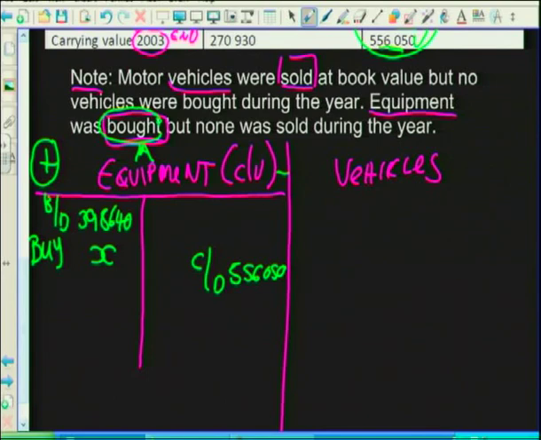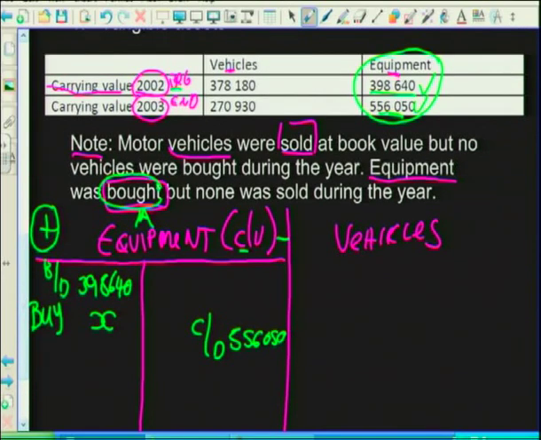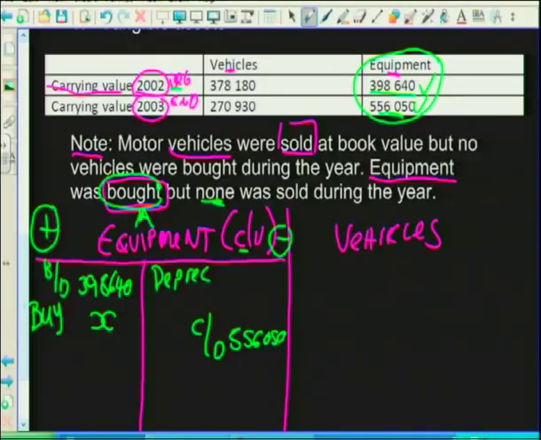Then let's look at what decreases carrying value. Carrying value decreases whenever you write off depreciation, or if you sell any equipment. Now, we were told none of our equipment was sold, so there's obviously no sales of equipment, but depreciation, yes, equipment must be depreciated.